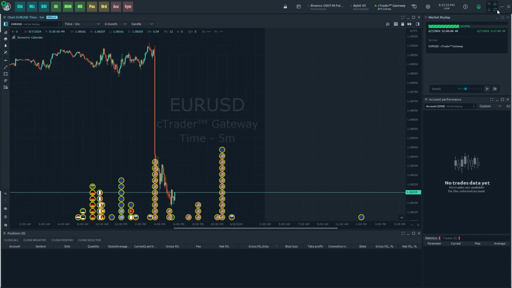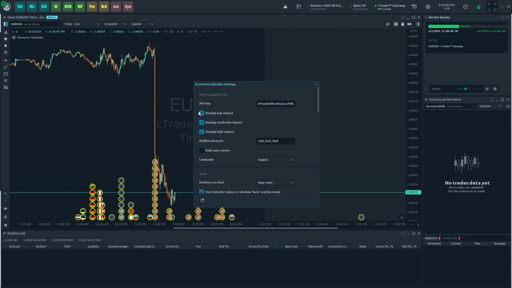Using the indicator can bring maximum benefit if you follow a few simple tips. First of all, I recommend configuring the indicator according to your trading preferences. You can choose which events to display, filtering them by importance level and assets. Secondly, do not forget to check the calendar regularly for upcoming events.